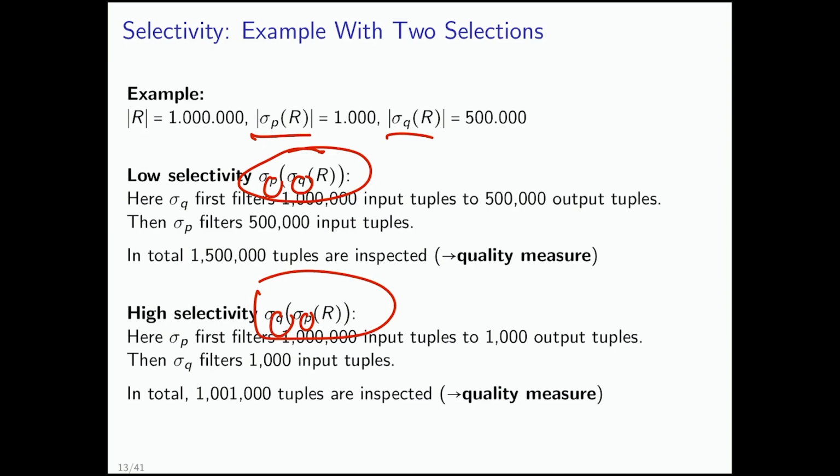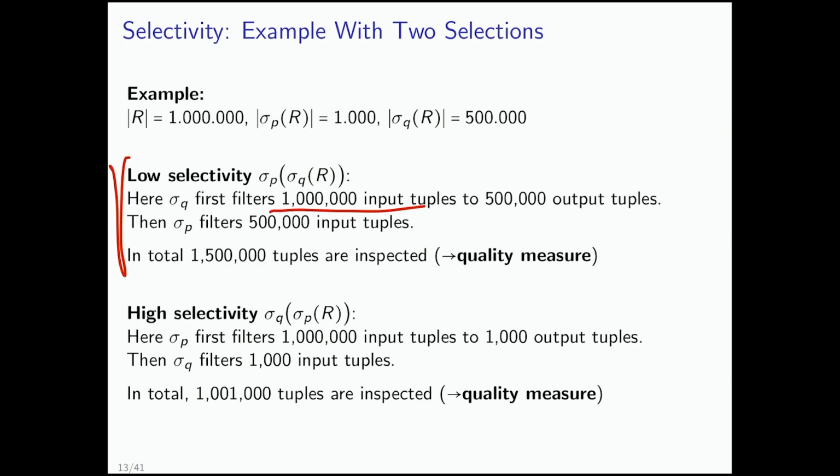And then you can start making back of the envelope calculations. So in this world, you first look at all of the 1 million input tuples to remove only half of them and output 500,000 tuples. Then the next selection operator will use as its input those 500,000 tuples to remove many more tuples to bring it down to fewer tuples. How many is not specified here.